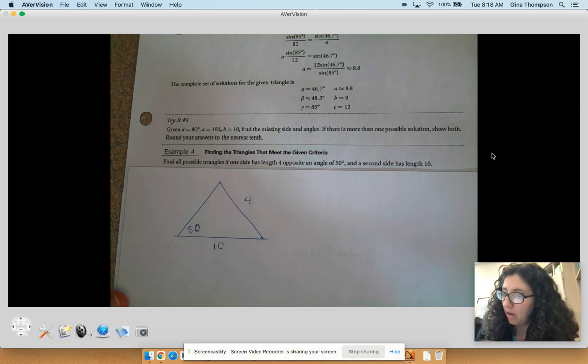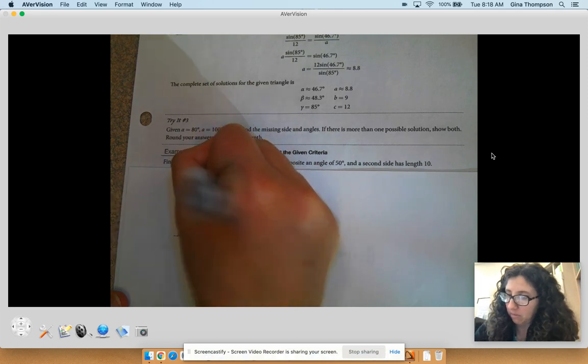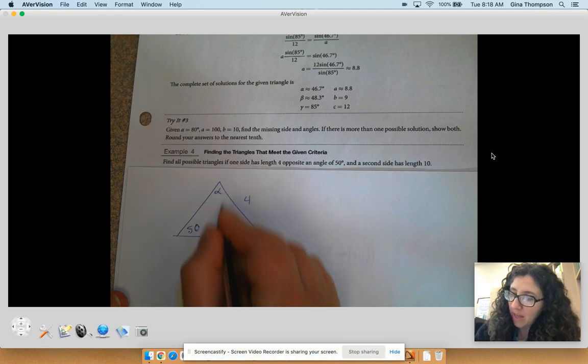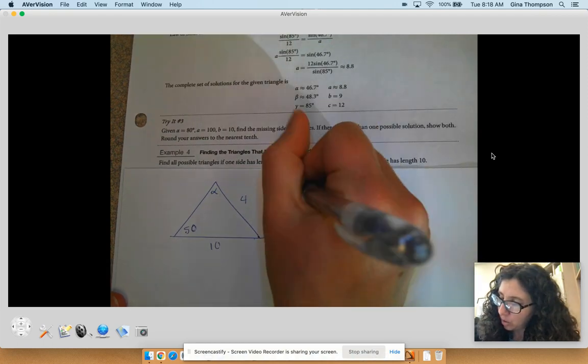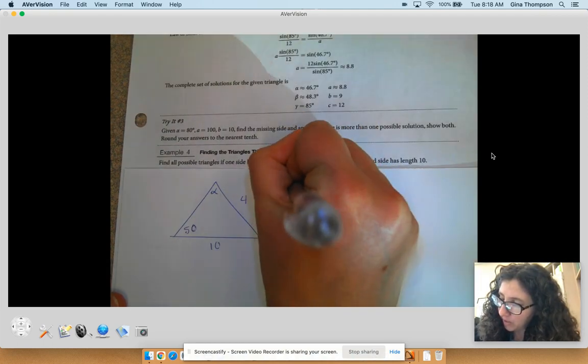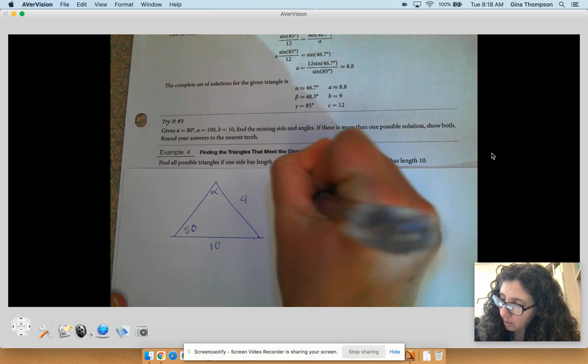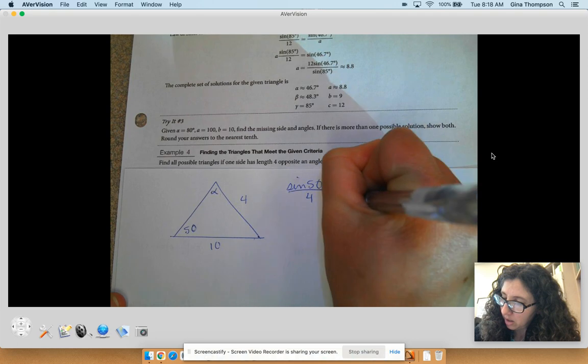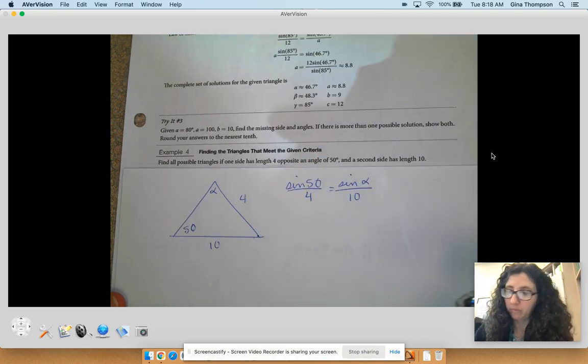Let's call this angle alpha. So we have a ratio. Let's find that angle. Sine of 50 divided by 4 equals sine of alpha divided by 10.